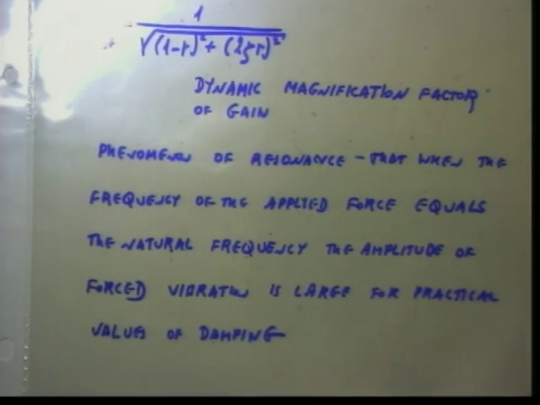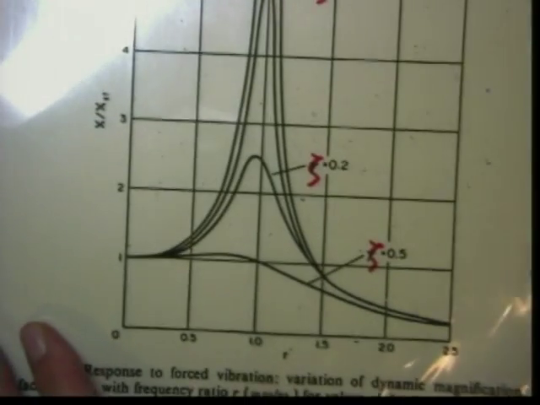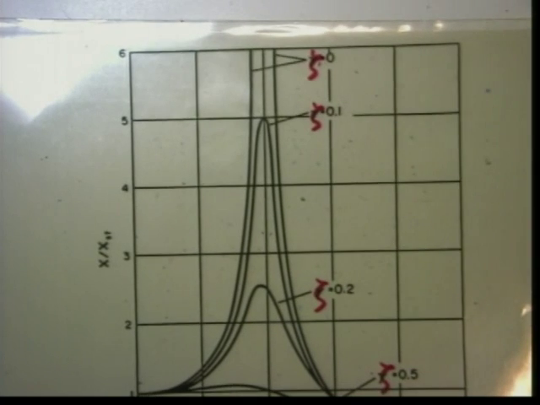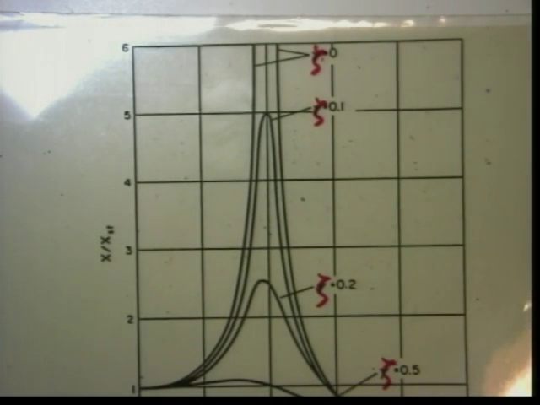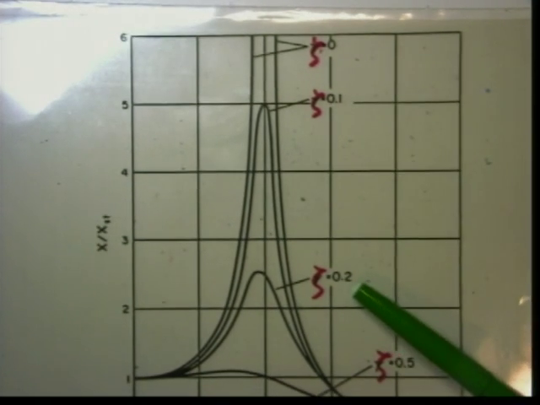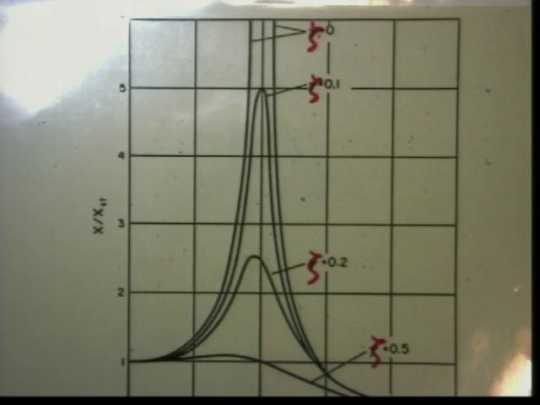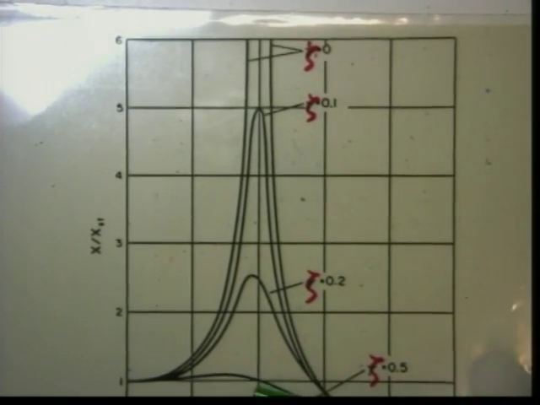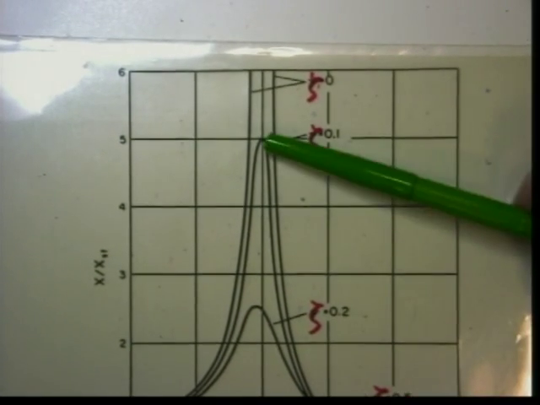I'll show you the picture. So this is zeta equals 0, then zeta equals 0.1, zeta equals 0.2, zeta equals 0.5, etc. The smaller the zeta, the bigger the maximum.